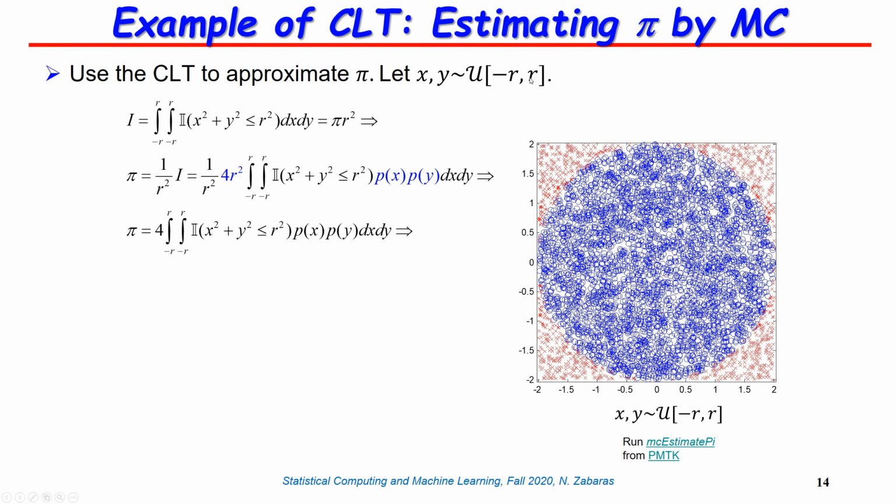And don't forget that 1 over 2r is the probability of x because it's sampled uniformly in the interval minus r to r, and another 1 over 2r is the probability of y that is also sampled uniformly from minus r to r. Okay? So outside the integral, the r squares will cancel, and pi is 4 times this integral.